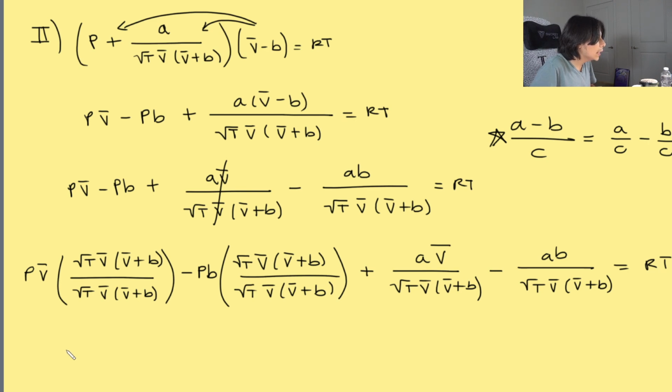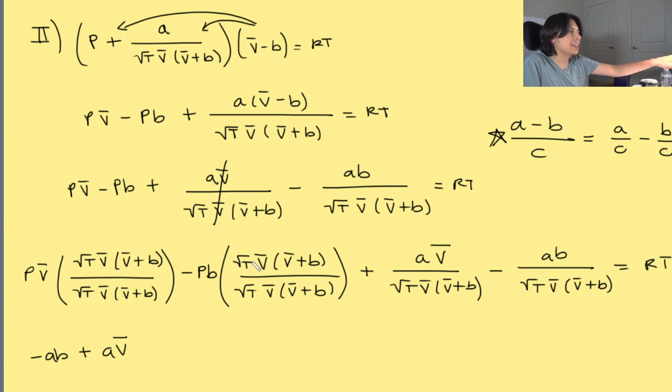So basically what we're going to do is start by writing the numerators on these two terms, because I know why. So negative AB plus AV bar. The reason I said I know why is that on this side we have the same thing on the numerator, so we rewrite it this way.